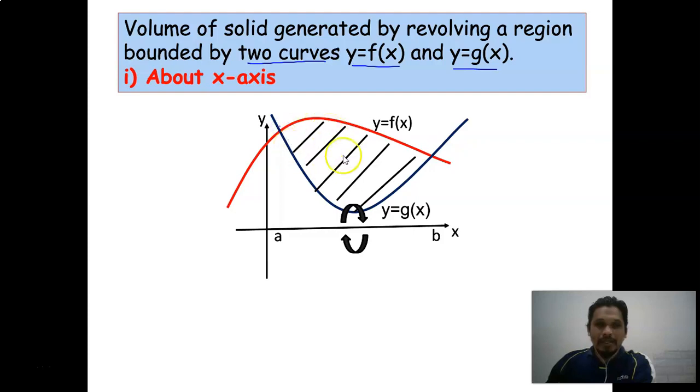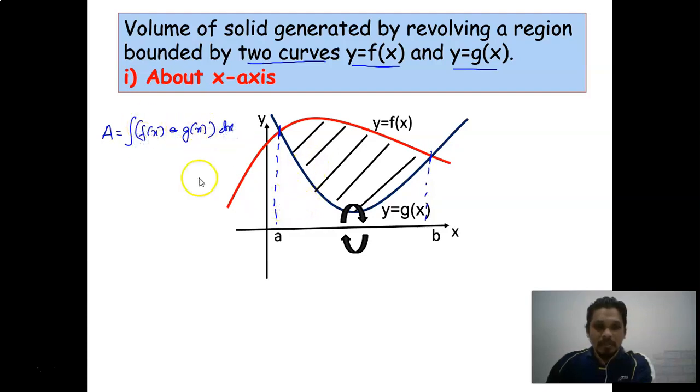To find the area of this, we need to find the intersection points between the two curves. From previous knowledge, to find the area between these two curves, we have A equals the integral of f(x) minus g(x), since this graph is above g(x).